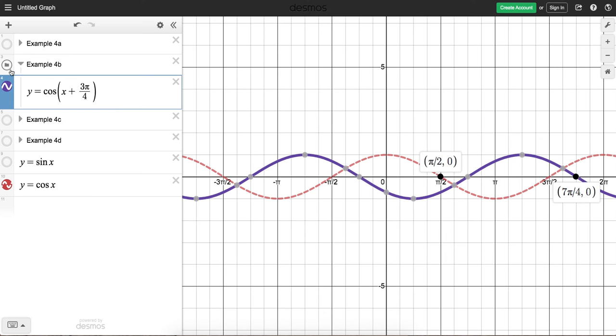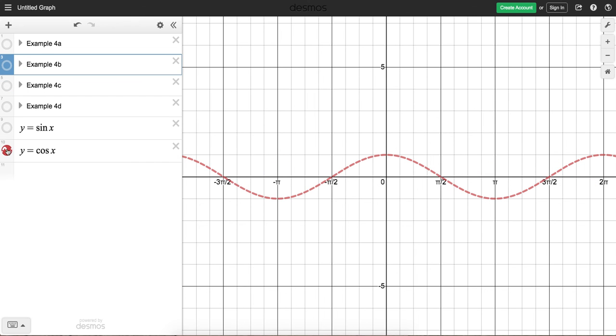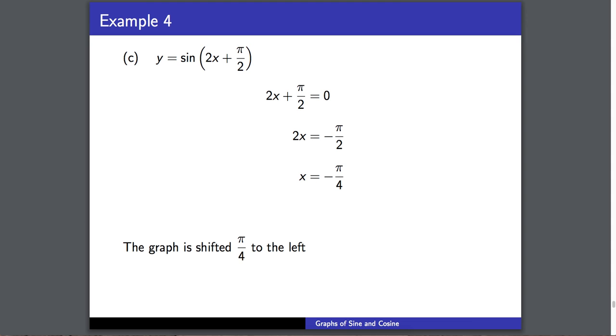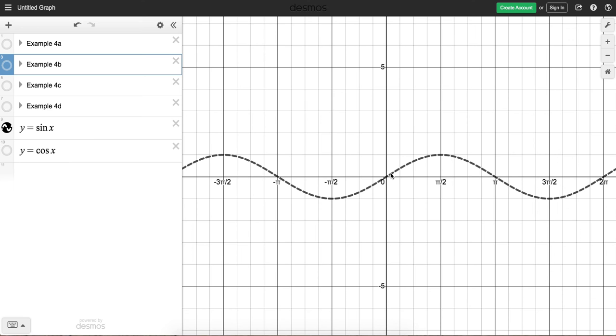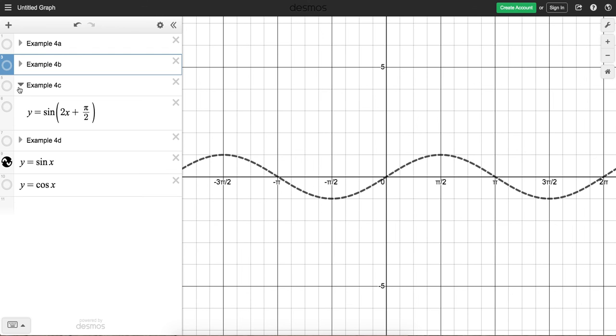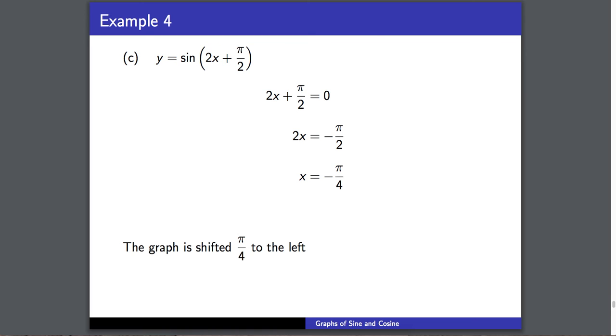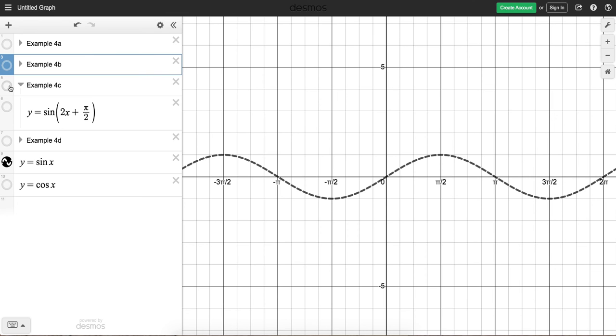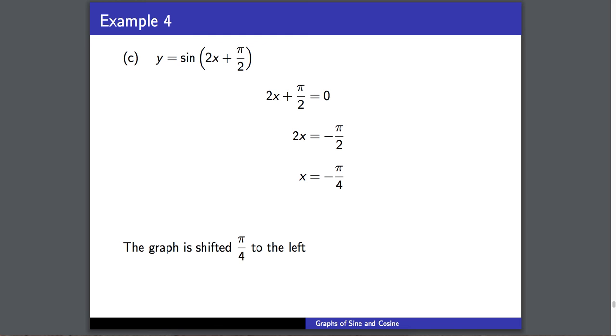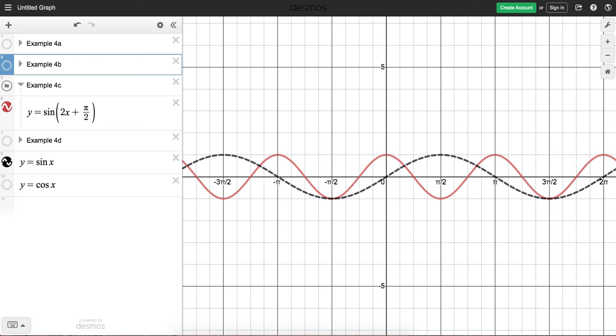Taking a look at that one, it is a sine wave. So here's our sine wave, and here we have 2x plus pi over 2. We said that it is a shift pi over 4 units to the left.